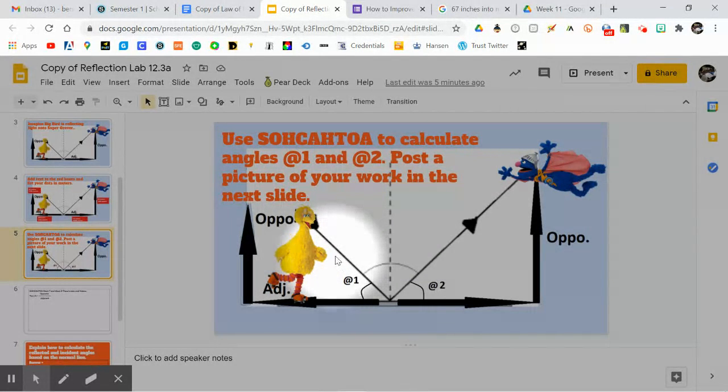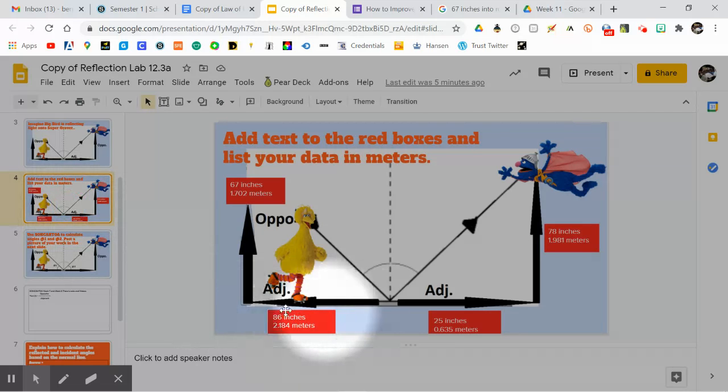Okay, and so we have our triangle, and our information has the length of the adjacent side, and we have the length of the opposite side. That is the information that is given to us, and so we have opposite and adjacent.